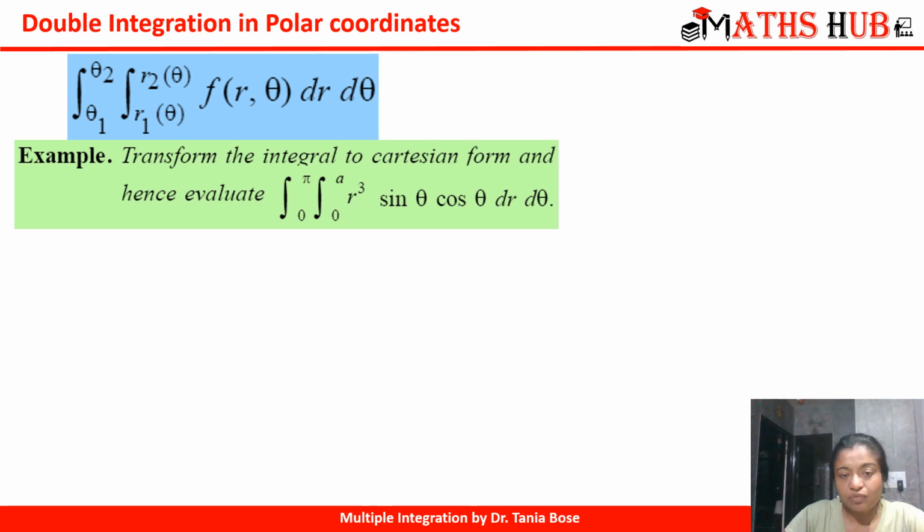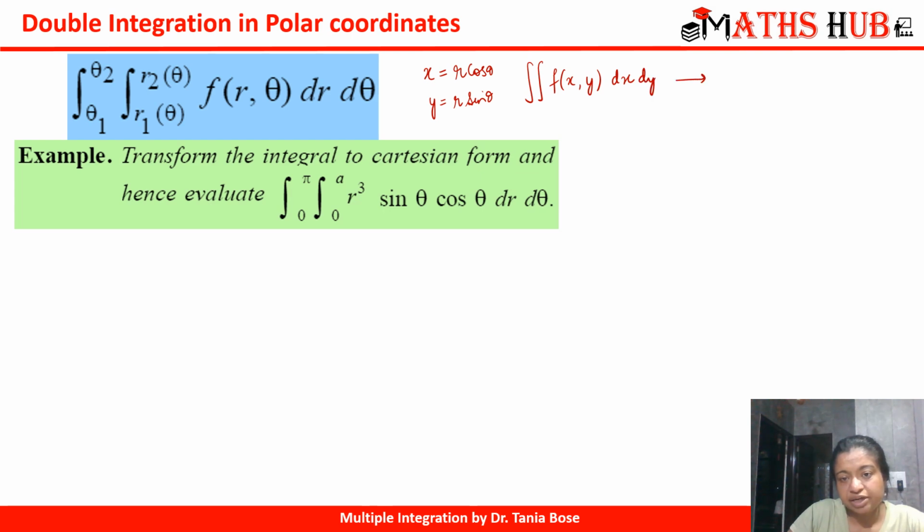Whenever we are converting Cartesian to polar or polar to Cartesian coordinates, the transformation is always x equal to r cos theta and y is equal to r sin theta, right? Now suppose the integrand is f of x comma y and we have dx dy.